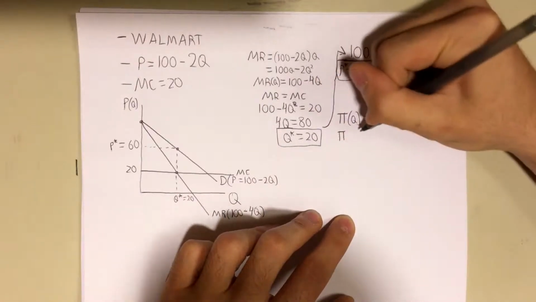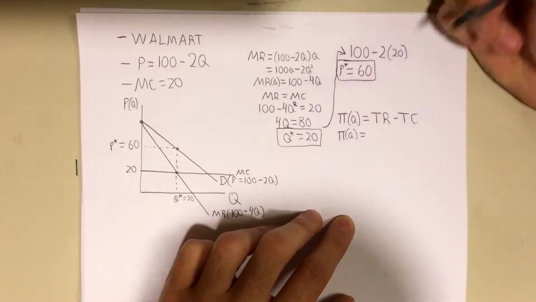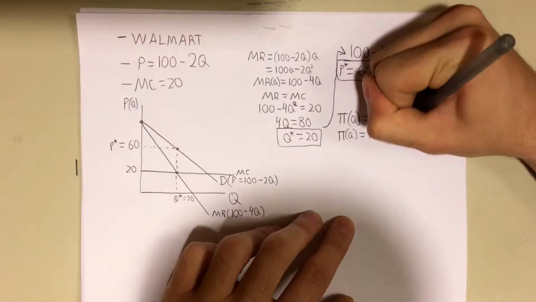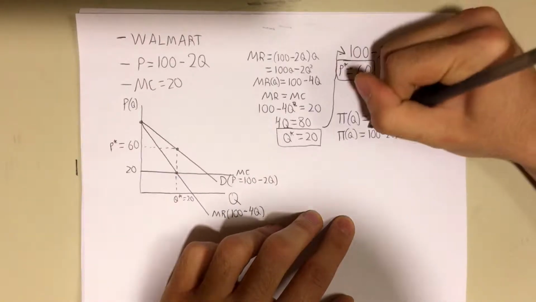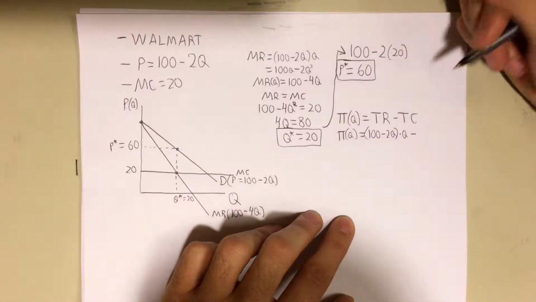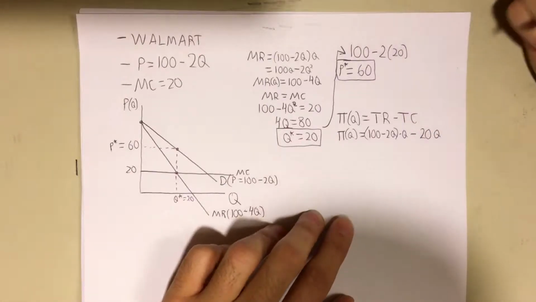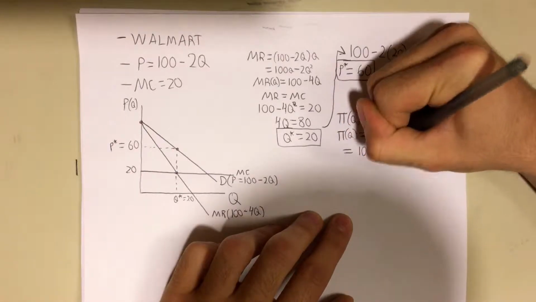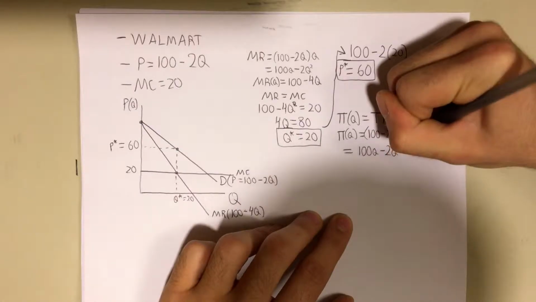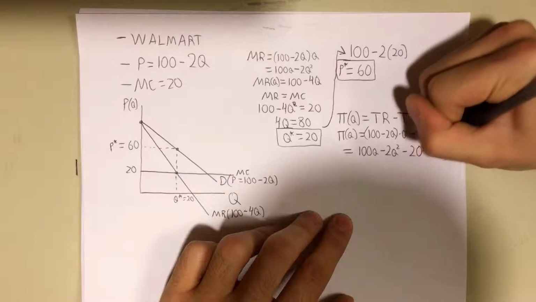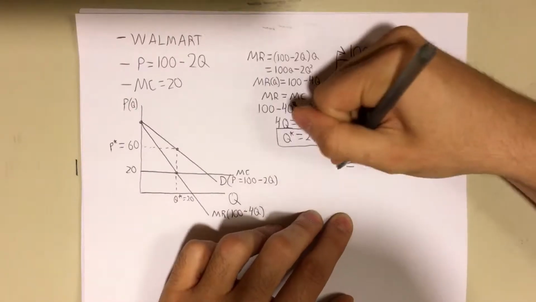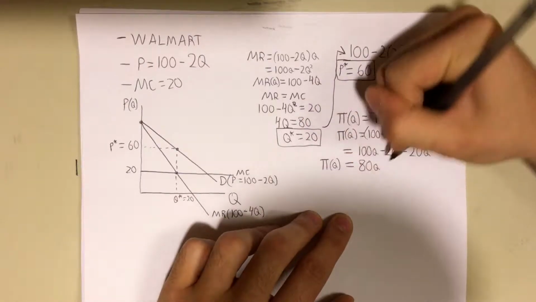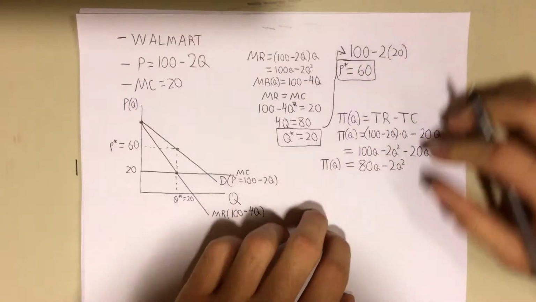Total revenue is just 100 minus 2Q multiplied by Q, minus their total cost of 20 times Q. We simplify that through: 100Q minus 2Q squared minus 20Q, which gives us a profit function of 80Q minus 2Q squared.